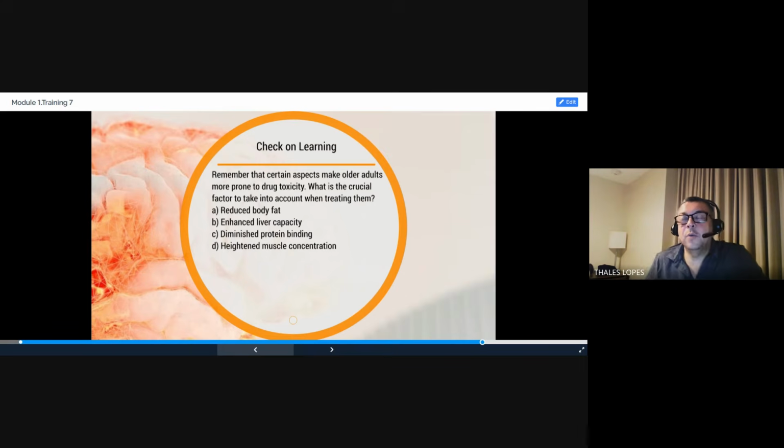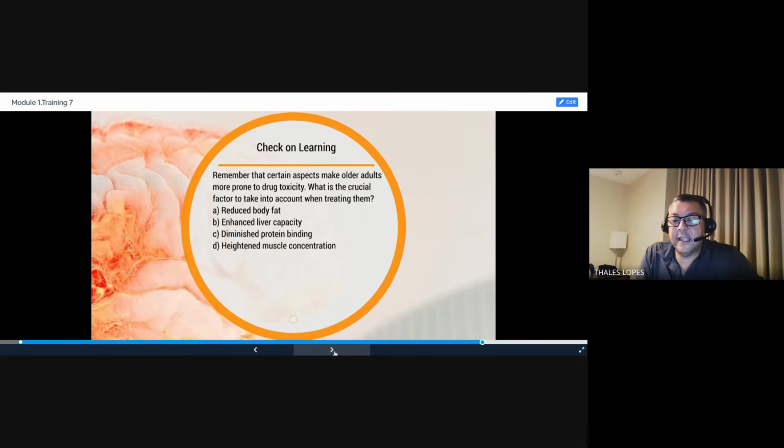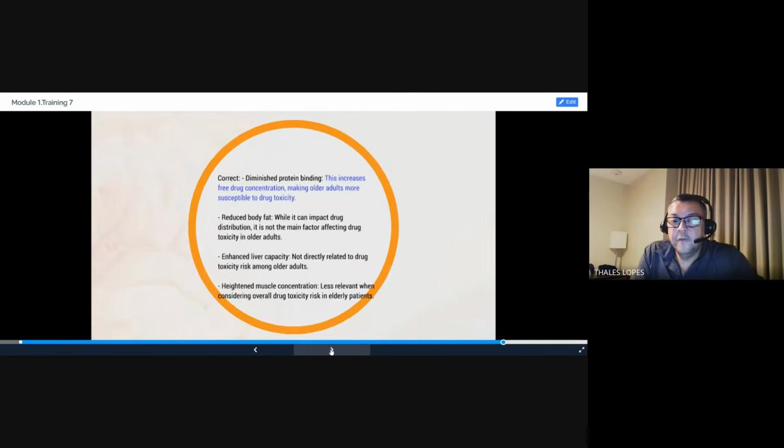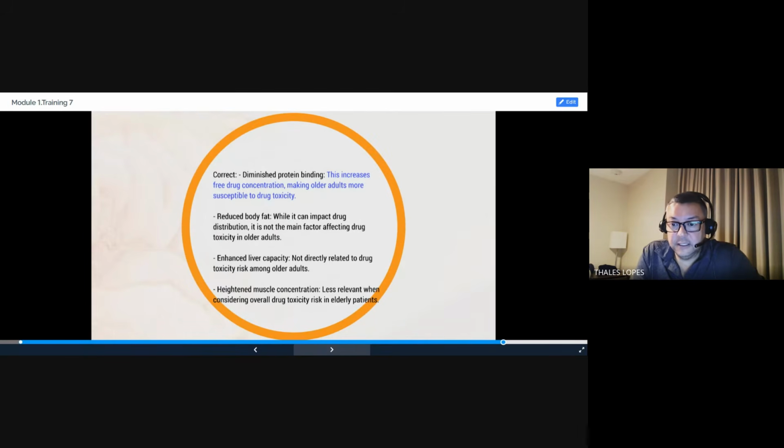I guess the question wasn't really clear, but what you really need to know is that older adults have increased body fat, decreased liver capacity, and less muscle concentration, but they also have a decrease in protein binding. That is the crucial part, because with that decrease, they have a higher risk for increased toxicity.